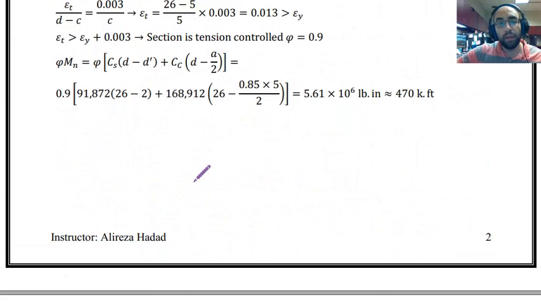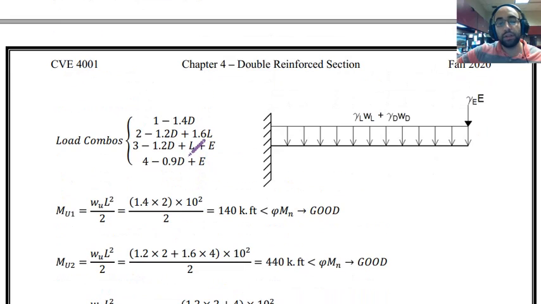So if you look at the ACI code, we had different load combinations, but in this question, we have the gravity loads and earthquake loads. So I just looked at the loads that are based on gravity and earthquake load, and those are mentioned over here. The first two are just based on gravity loads, 1.4 dead and 1.2 dead plus 1.6 live.